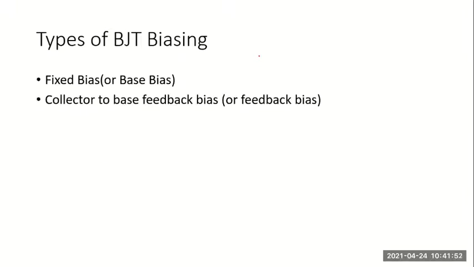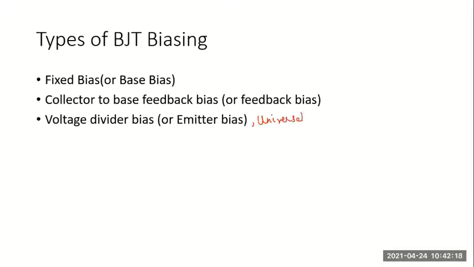The other one is called collector to base feedback bias, or simply feedback bias. And the last one, which is the most important one, is called voltage divider or emitter bias. So rather than voltage divider, we normally call it emitter bias. Very often it is called universal bias.